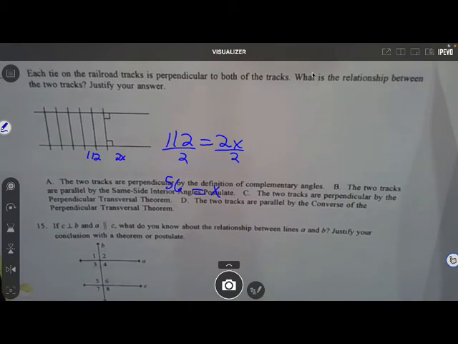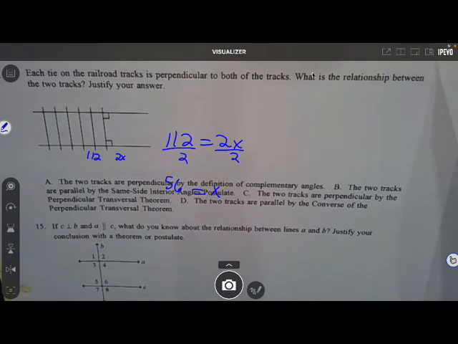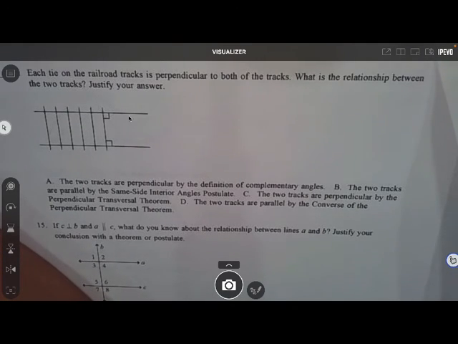Okay, number 14. It says that we've got this railroad track, and it's perpendicular. Each of these ties, they're perpendicular to the tracks on the side. All right, what's the relationship between the two tracks? What do you know about this track and this track? They're parallel. I know that the ties are all perpendicular. They're going through both of them. But what do you know about the tracks?